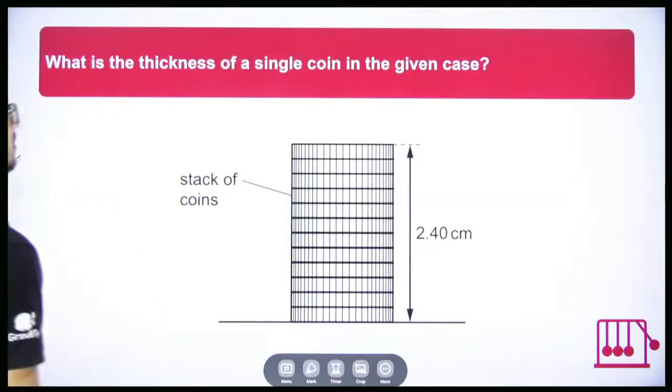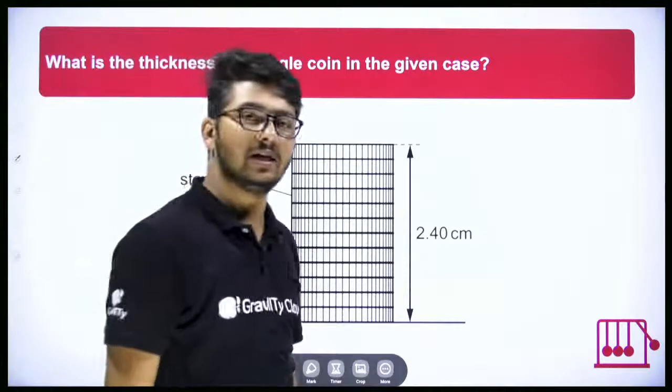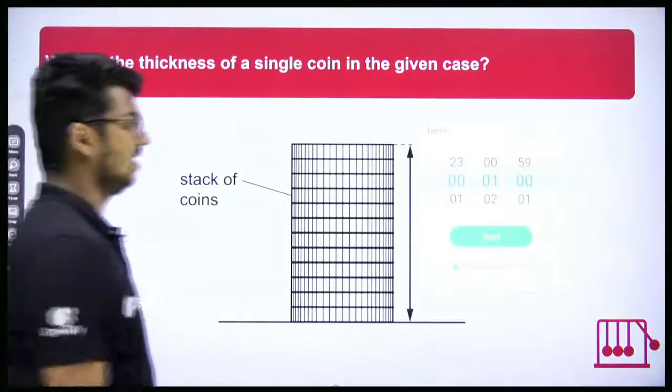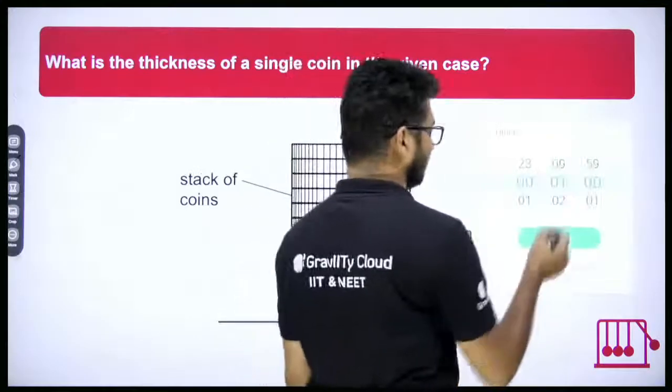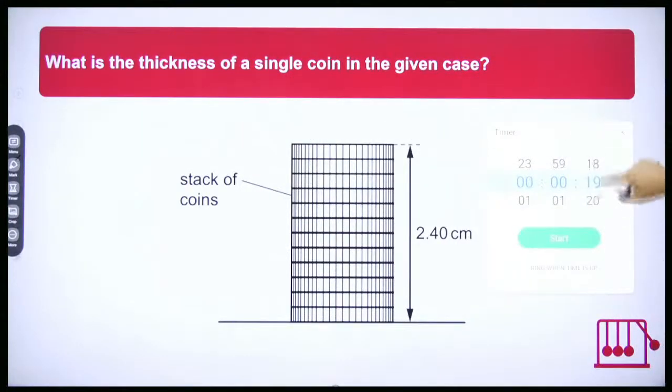Right? So there is one simple question. What is the thickness of a single coin in the given case? Do it, everyone. I'll again give you 30 seconds of time. 30 seconds is more than enough, because everything is clearly given to you. So, please solve it.